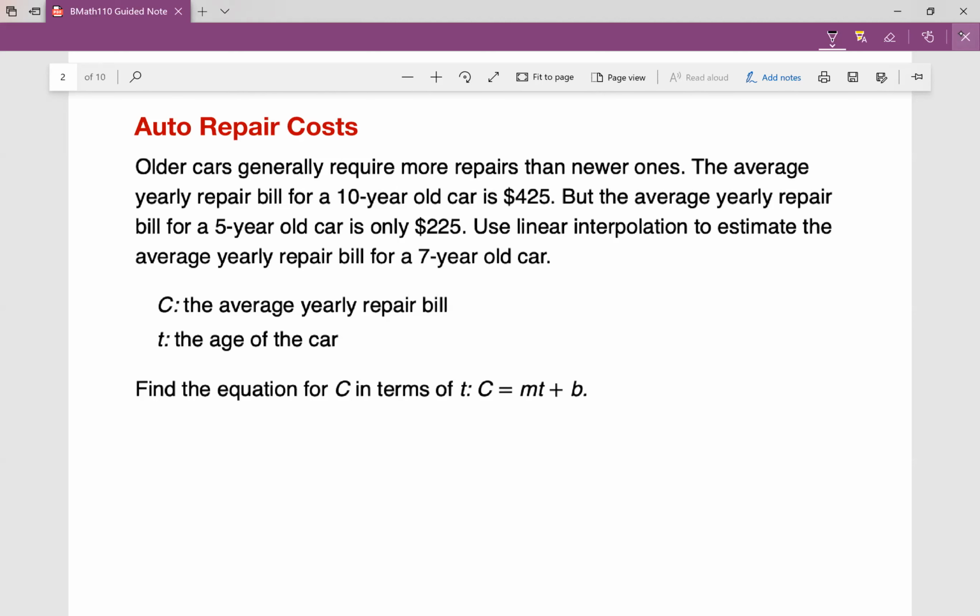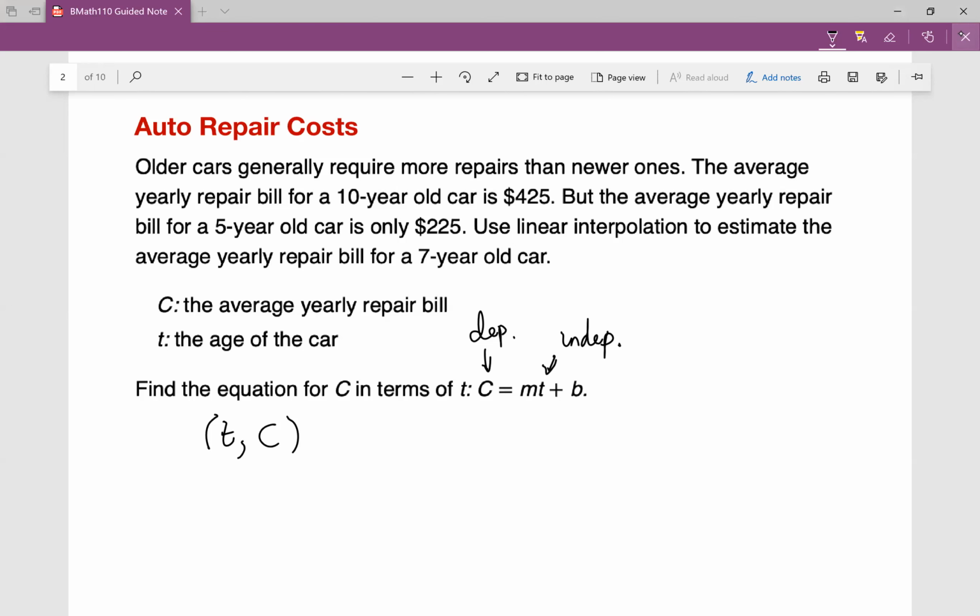But we will present it in the other terms: T is the independent variable and C is the dependent variable, right? You see that T in here is the independent variable and C is the dependent variable.